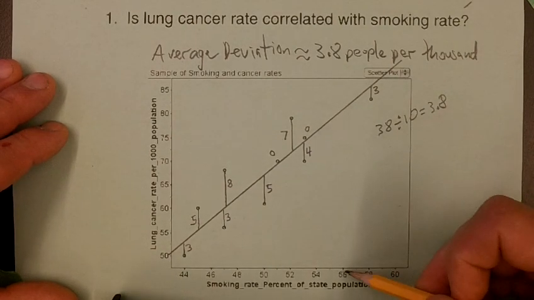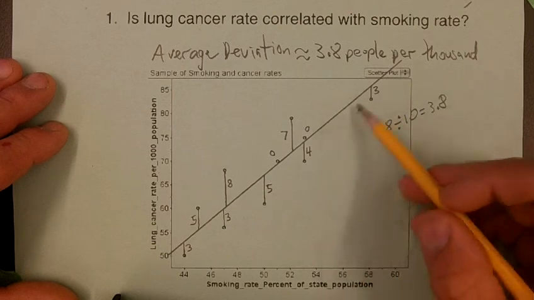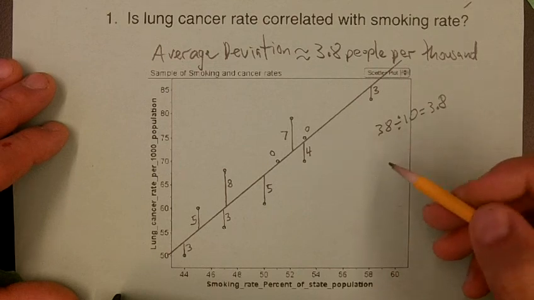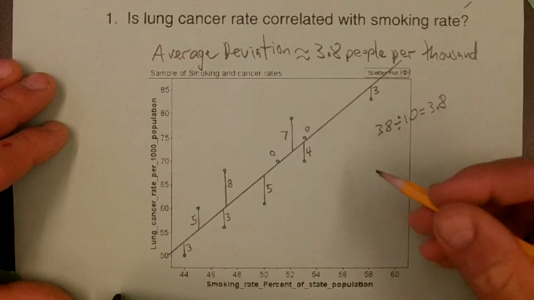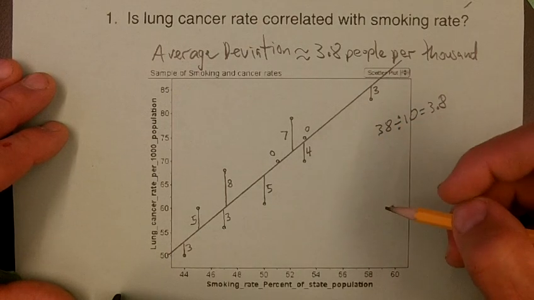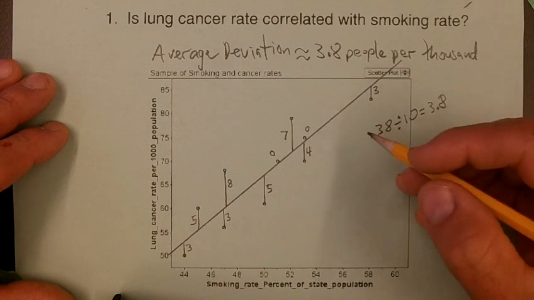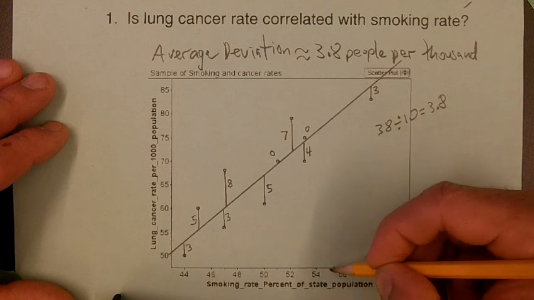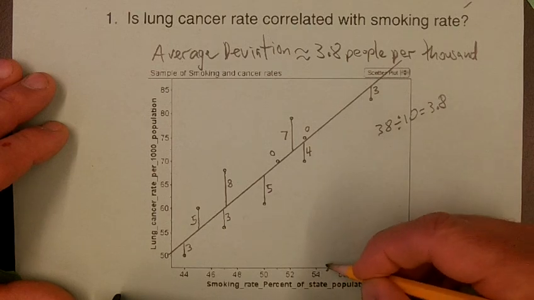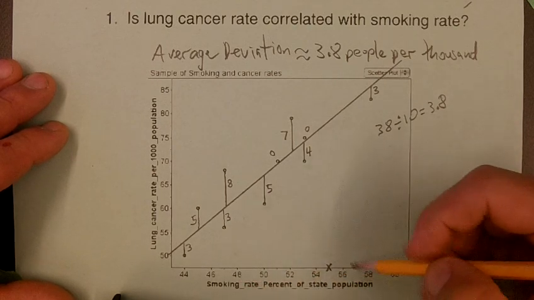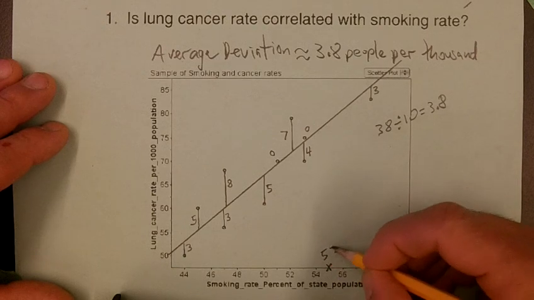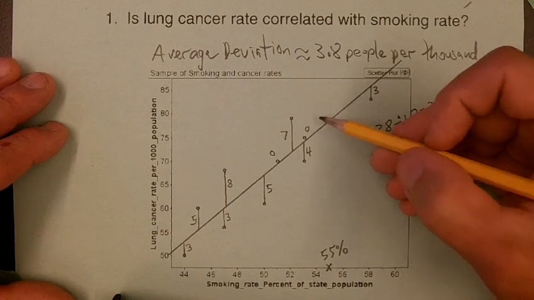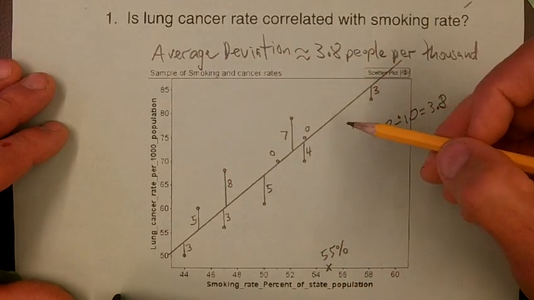So here's a place in the data where we don't have a lot of data, from about 54 up to 58. Usually, if you have a model, you can go ahead and make a prediction where you don't have any data. So let's choose 55. There's 54%, 56%. Let's just say, what if we had a smoking rate of 55%? What would our model predict the lung cancer rate would be in that state?